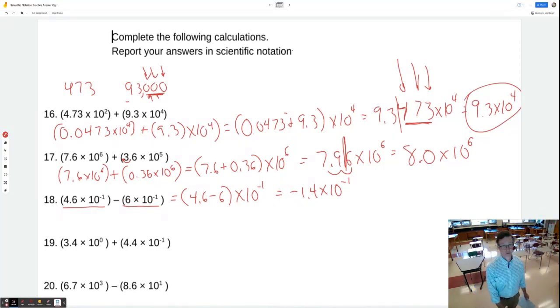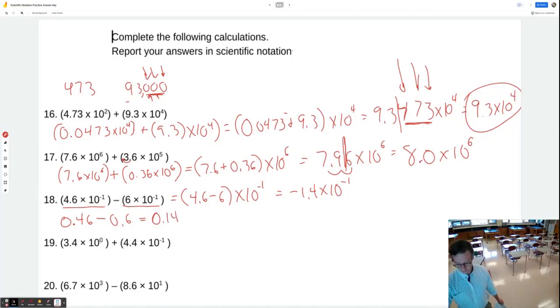When you subtract something big from something small, you get a negative answer. And the fact that this is a negative exponent means we were actually subtracting decimals in the first place. But either way, if we wrote this out, it's 0.46 minus 0.6. So we should get a negative number, which is what we did, which in standard notation would have just been 0.14.